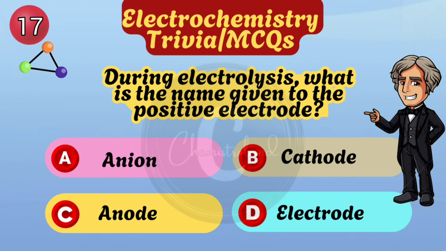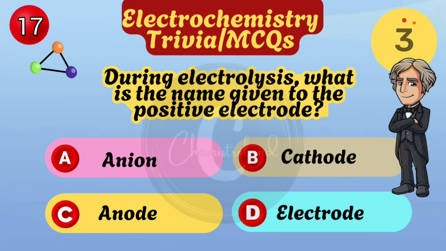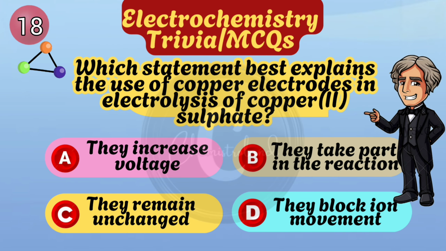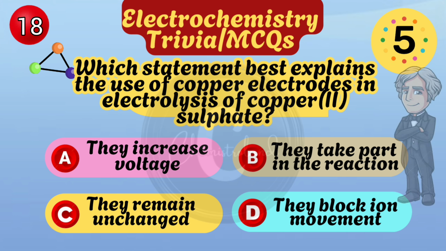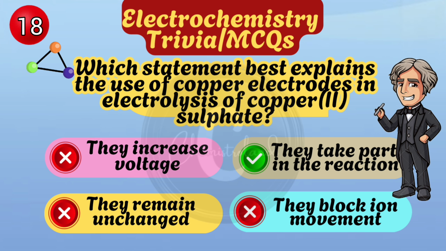During electrolysis, what is the name given to the positive electrode? The right answer is anode. Which statement best explains the use of copper electrodes in the electrolysis of copper(II) sulfate? They take part in the reaction.